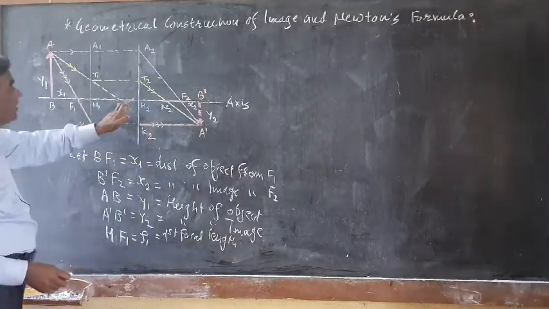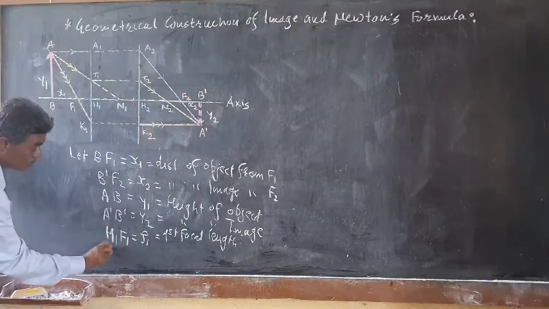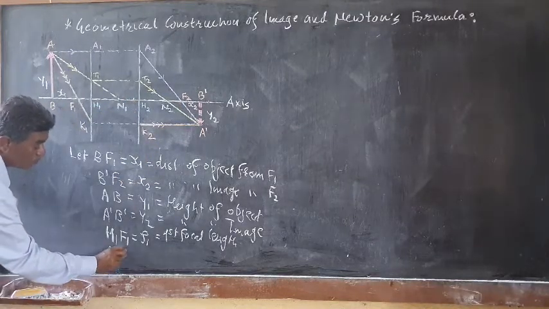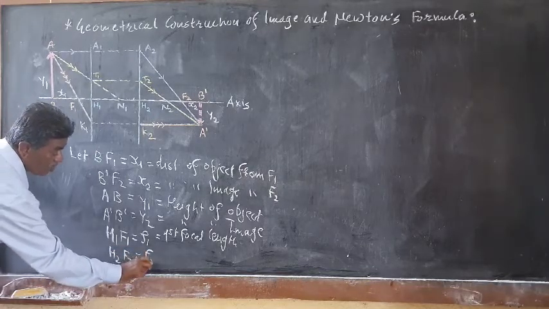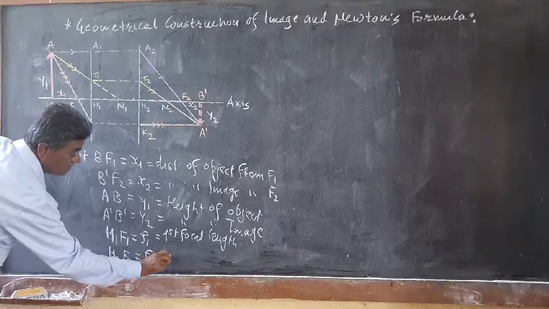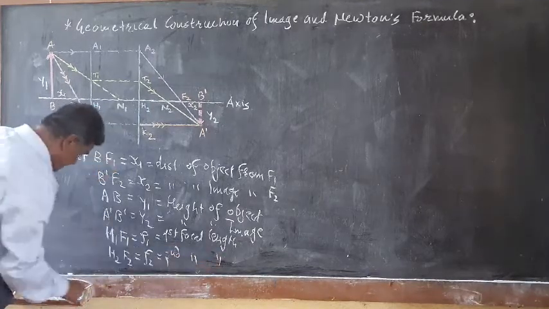And this much distance is nothing but, suppose, small f2. It is the second focal length of the lens system.